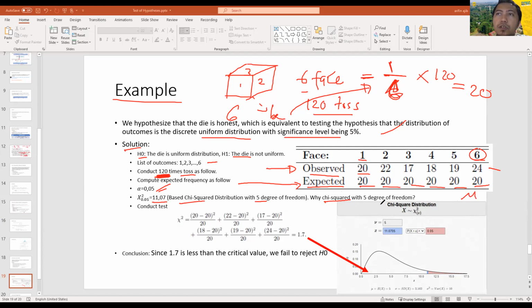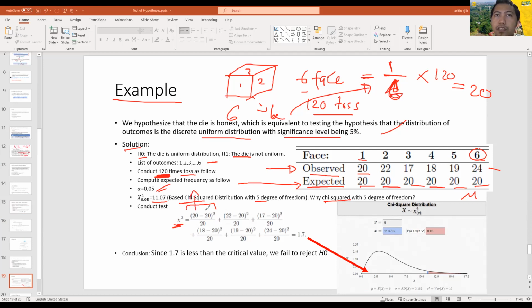So in this case, we want to know this random variable that follows chi-square distributions, and then we compute using the formula.